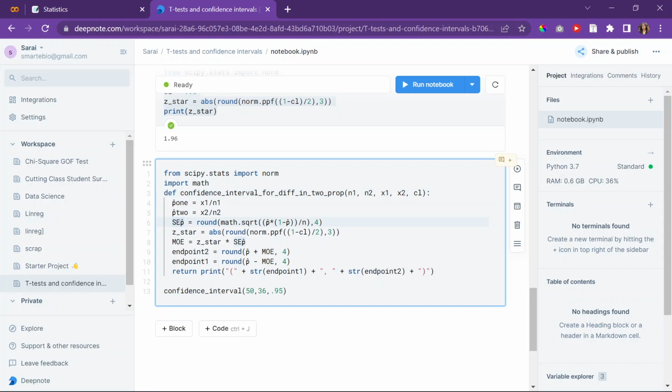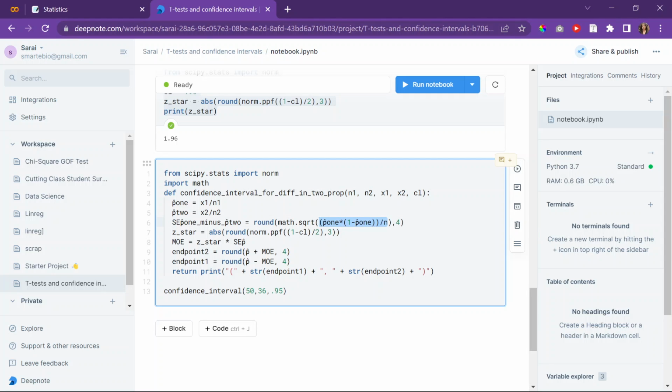Standard error of p hat 1 minus p hat 2 is equal to the square root of p hat 1 times 1 minus p hat 1, right?